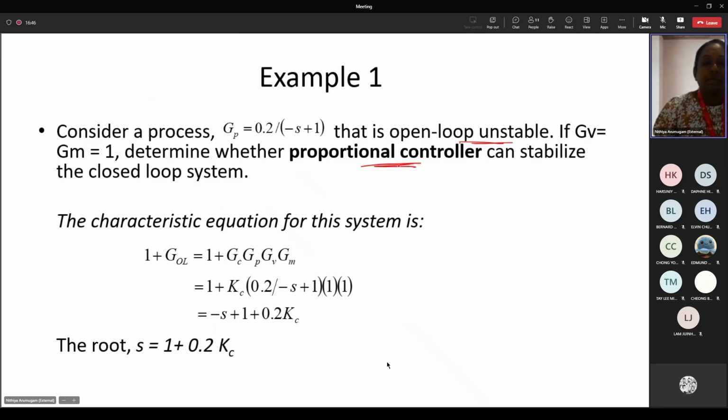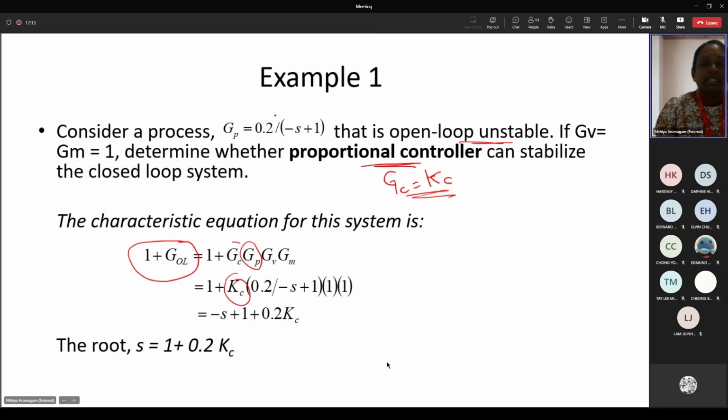Now, if it is a proportional controller, the controller transfer function will be equal to the controller gain. So the characteristic equation for this system, starting from the basic one, 1 plus GOL, must be expressed in terms of Gc, which is expressed as Kc.